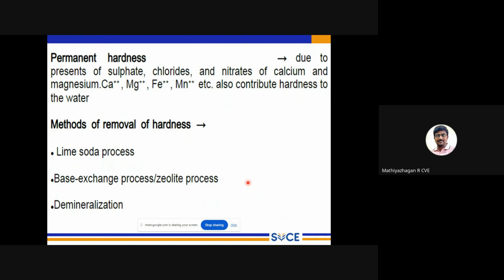We can't remove them using boiling or by adding lime alone. For the removal of permanent hardness, along with the lime we have to add soda also, therefore it is called the lime soda process. Then the zeolite process and the demineralization process are also available to remove permanent hardness from the water.